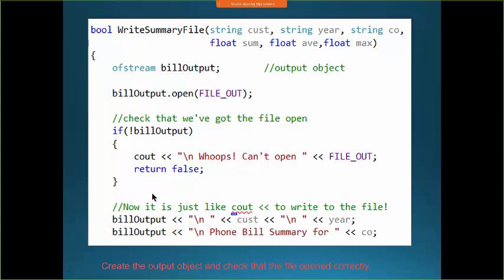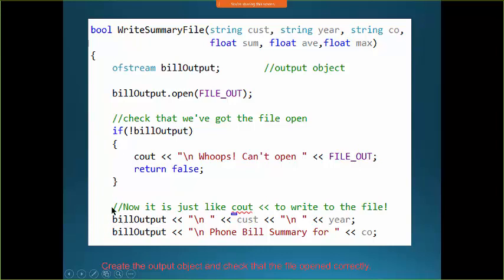Now the write summary file function basically opens an ofstream object, and this is doing the same thing. We have the same guard. This is called a guard: in your functions, when you have an if statement that checks for some condition, and if it fails, it returns before it gets to the rest of the program.